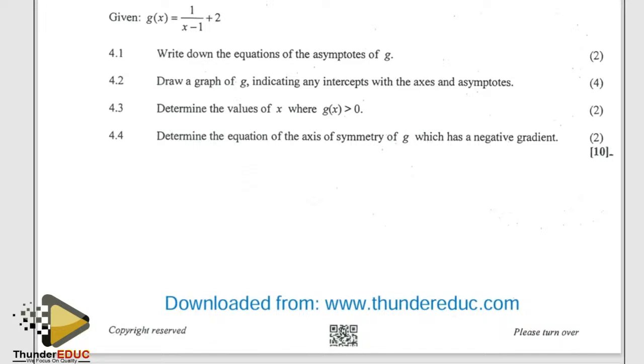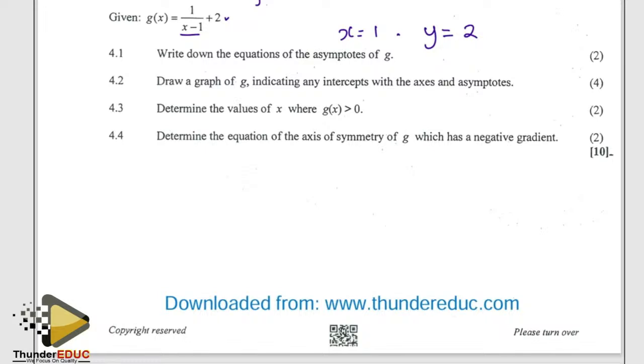Now since the x is in the denominator, this is a hyperbola. Now we know that with the hyperbola, asymptotes are just the bottom part and then the isolated constant part. So we're going to say x is 1 and y is 2. Switch the sign of the x, leave the y as it is.